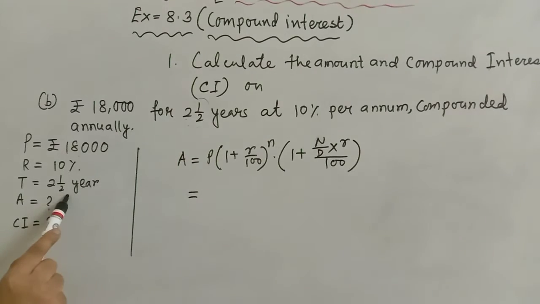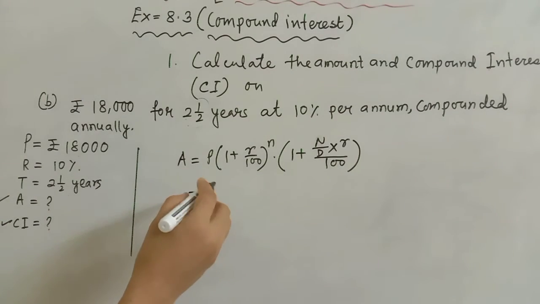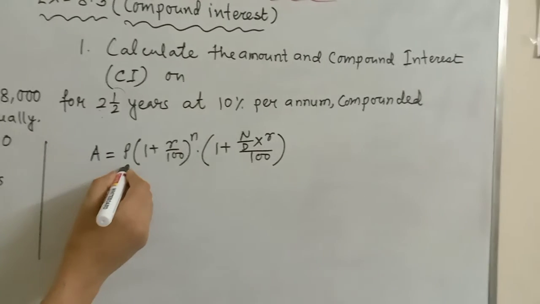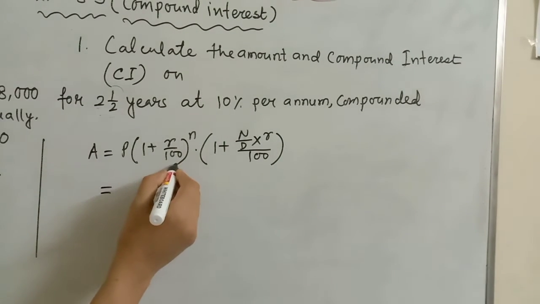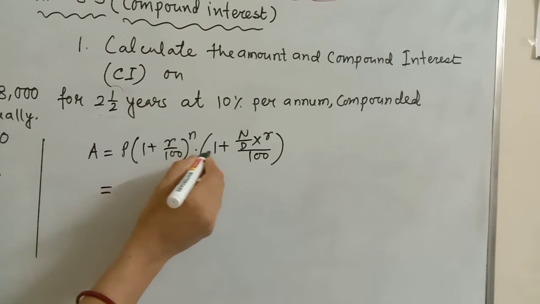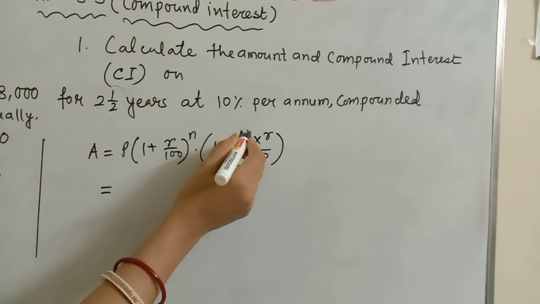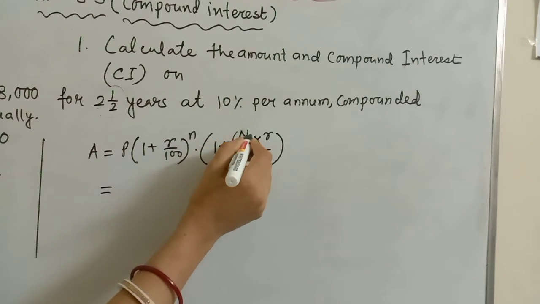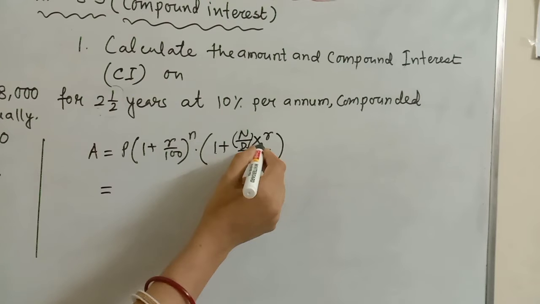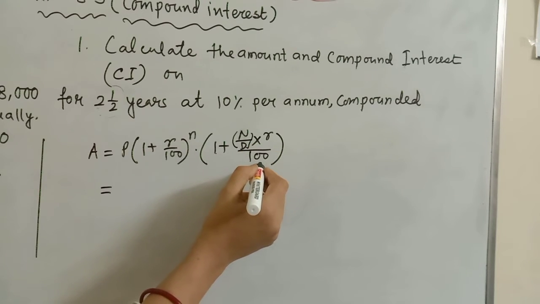Time 2.5 years. We need to find amount and compound interest. So we will go for the formula, you know, P into 1 plus R by 100 whole to the power n, into 1 plus that fractional part, I am indicating here as numerator and denominator, into R by 100.